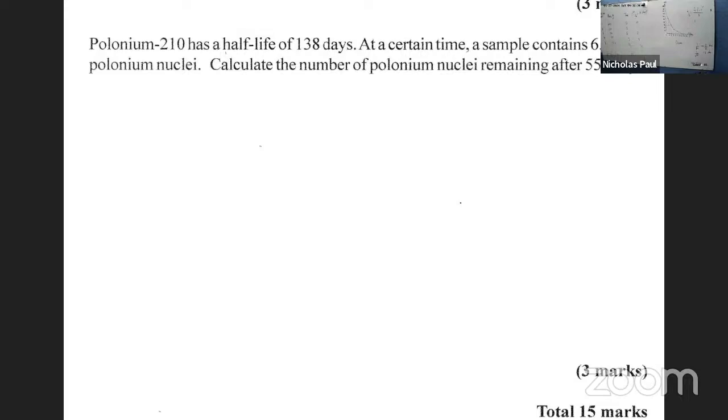Ricardo, you? Yeah, you do this whole thing for us. You confused? So you figure out the number of half-lives, right? 552 over 138 is 4. What fraction is left after 4 half-lives? There's a little formula I gave you.